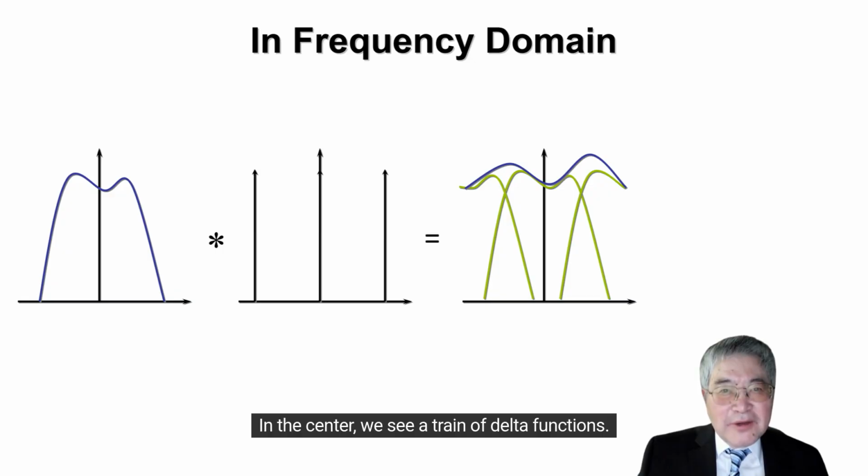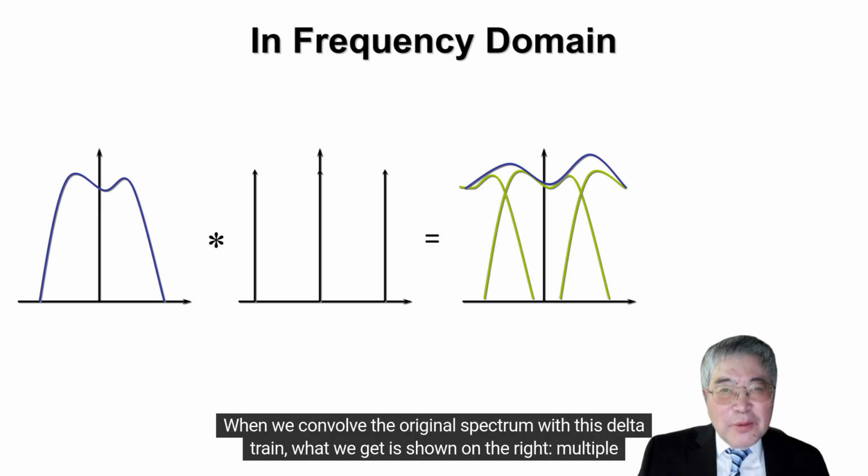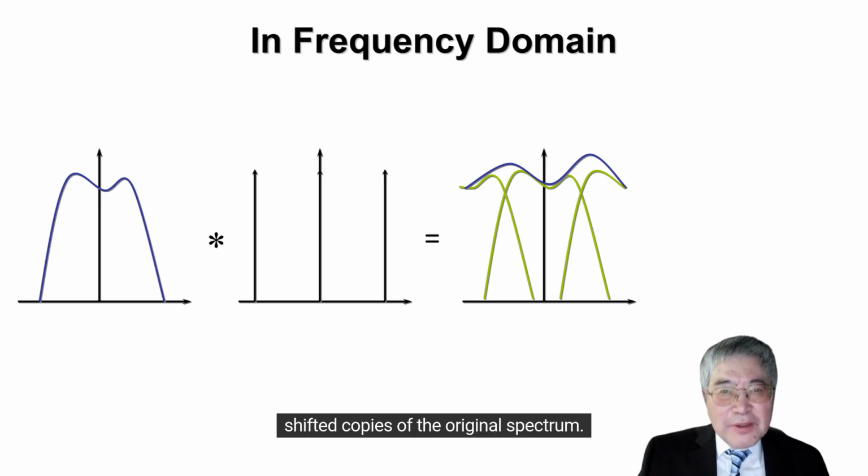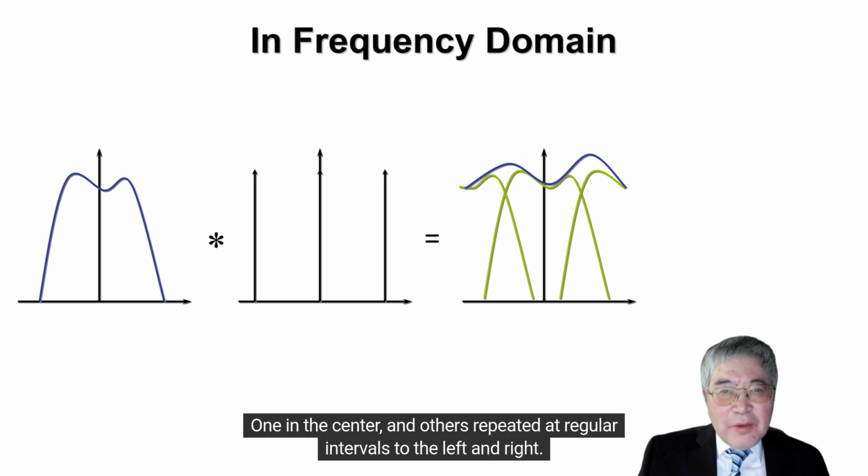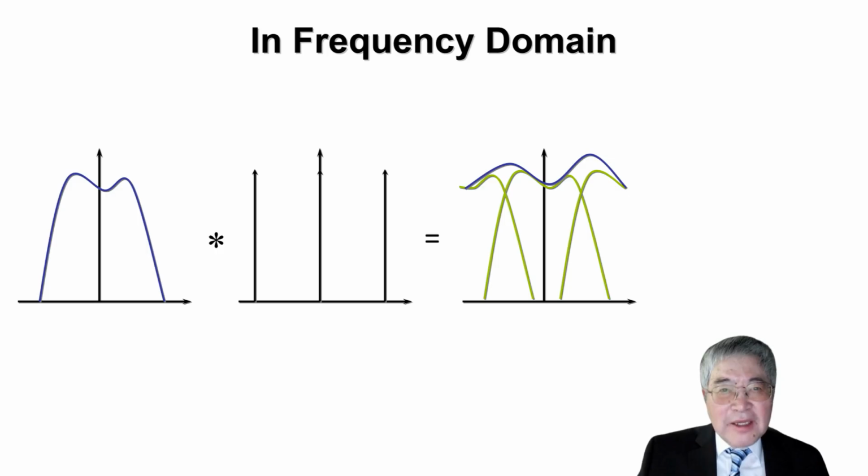In the center, we see a train of delta functions. These represent the periodic sampling pattern in the time domain. When we convolve the original spectrum with this delta train, what we get is shown on the right, multiple shifted copies of the original spectrum. One in the center and others repeated at regular intervals to the left and right. These are called spectral replicas.